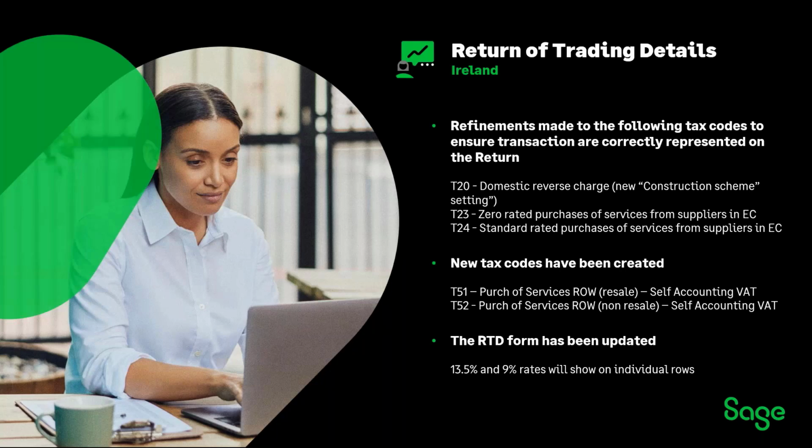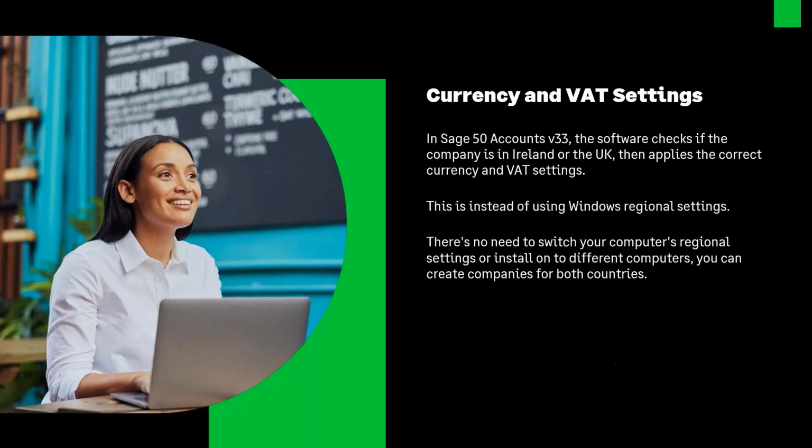Again, linking in with Irish VAT: if anyone does a VAT return for both Ireland and Northern Ireland, for instance, if a business has a multi-company license and you've got companies based in both countries, then version 33 is going to be a bit of a godsend.